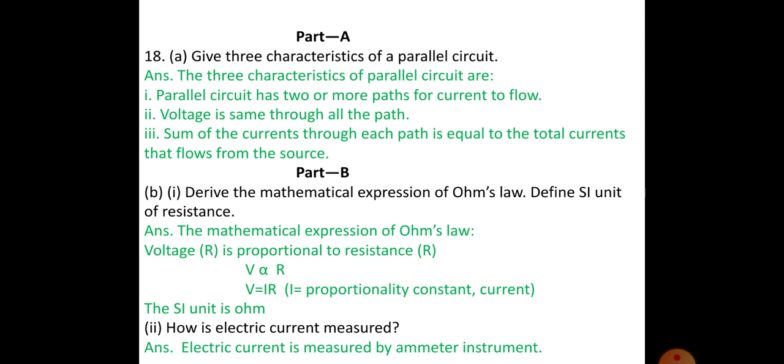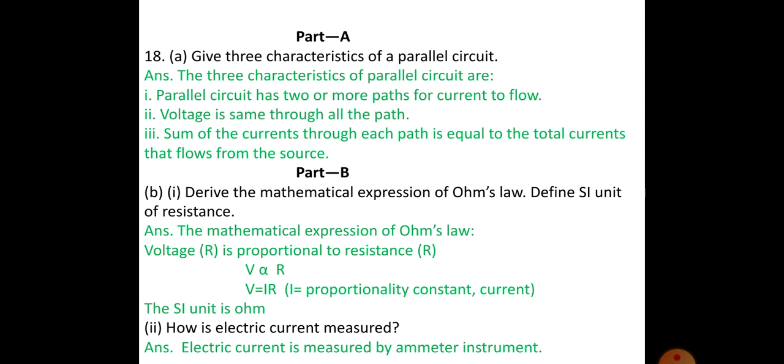Derive the mathematical expression of Ohm's law. Define the SI unit of resistance. The mathematical expression of Ohm's law, that is voltage, sorry, here it is a little wrong. That voltage in bracket there will be V, capital letter V. This is a typing mistake.